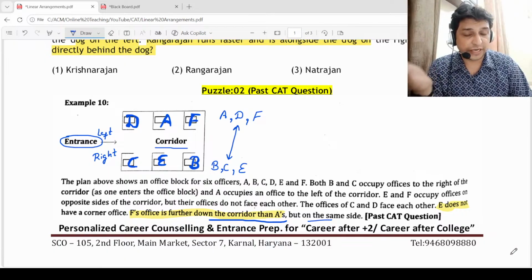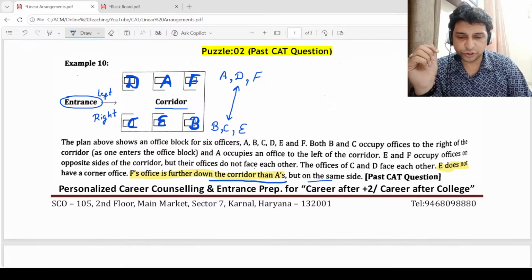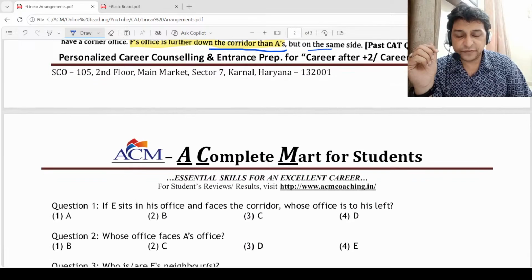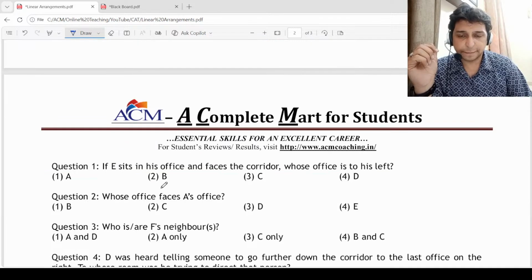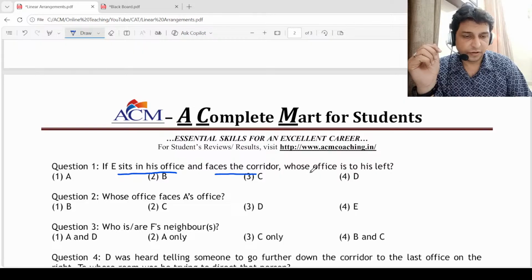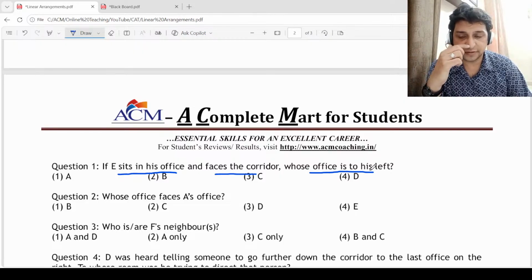Let's see the question. Now, what kind of question have we got? Now, the arrangement has been done. So the first question which we have: if E sits in his office and faces the corridor, whose office is to his left?